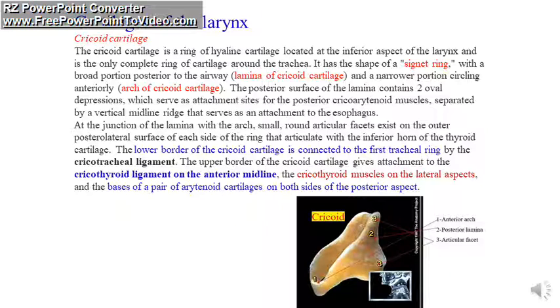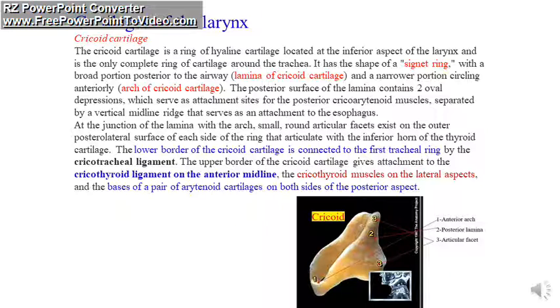The posterior surface of the lamina contains two oval depressions here, you see, which serve as attachment sites for the posterior cricoarytenoid muscle, separated by a vertical midline ridge that serves as attachment for the esophagus.